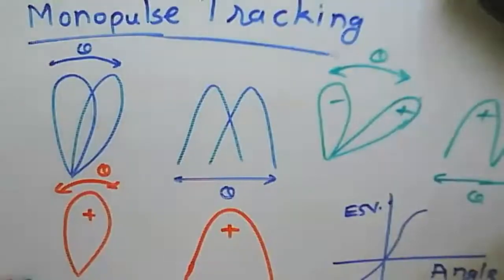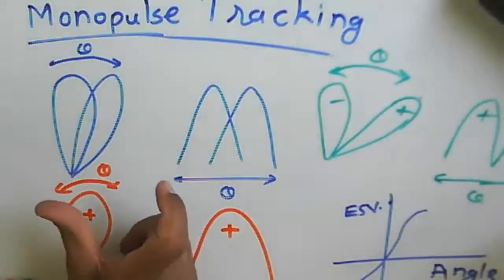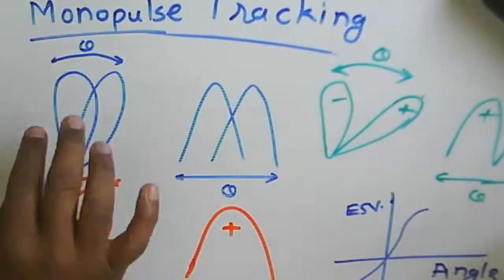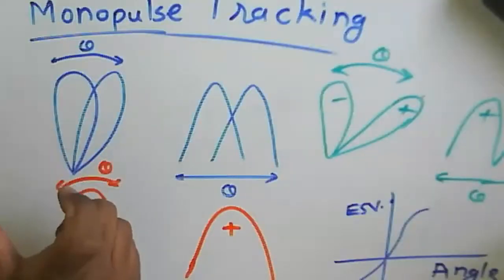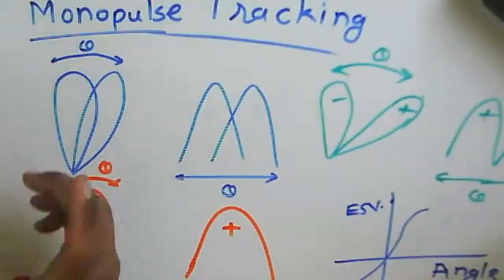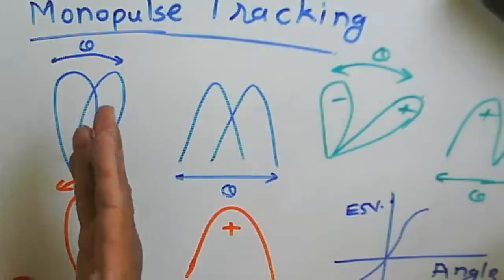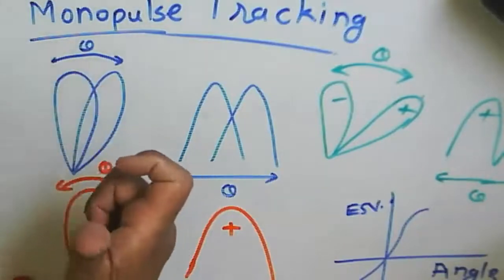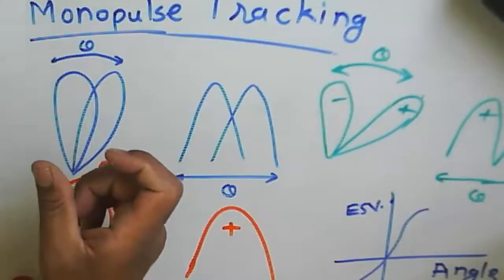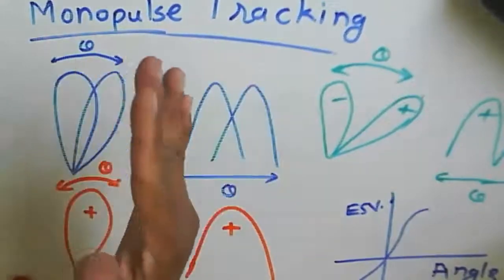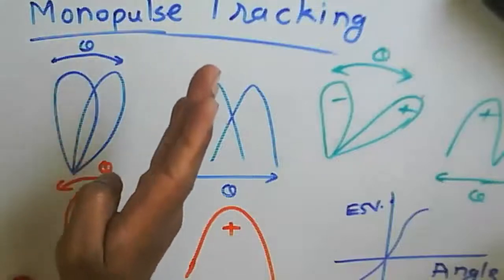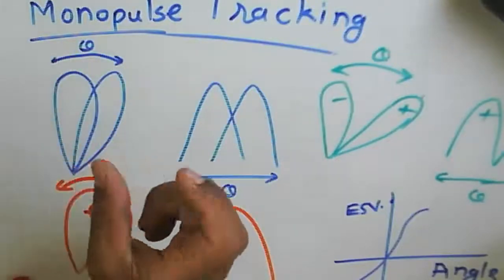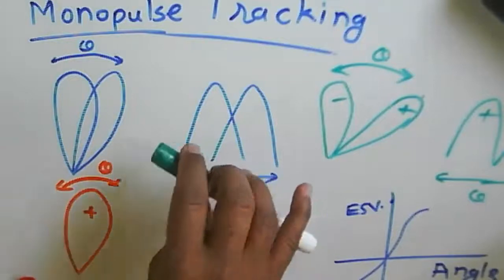In the case of two beams, we consider, from the monopole, the overlapping of antenna patterns with their beams. The beams have just a slight difference in direction. Suppose this is a target.